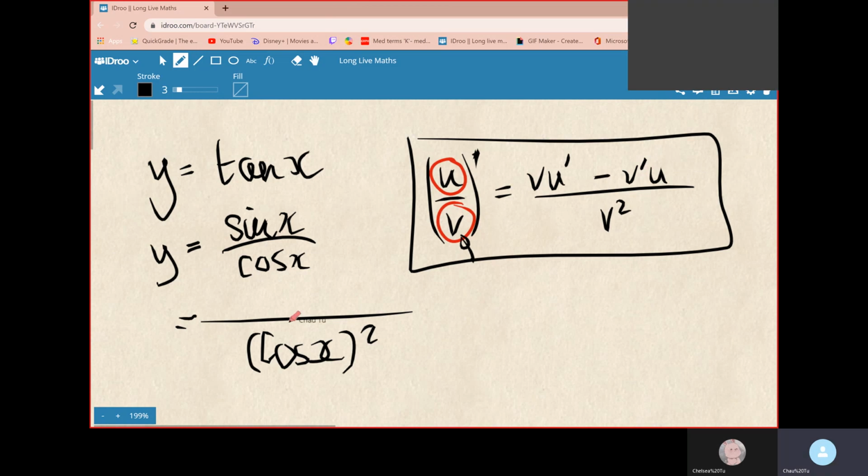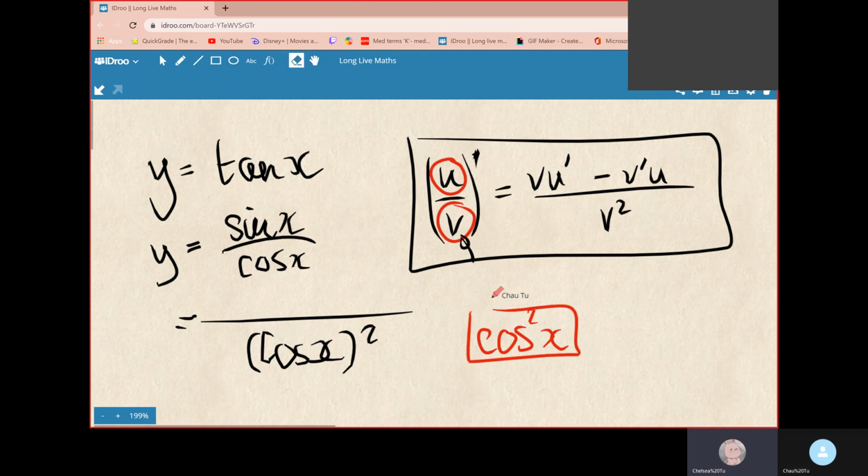But Chelsea, no one writes cos like this, even though it is what it is. What's a neater way of writing it? This is a neater way. Okay, they're both the same. Cos x.